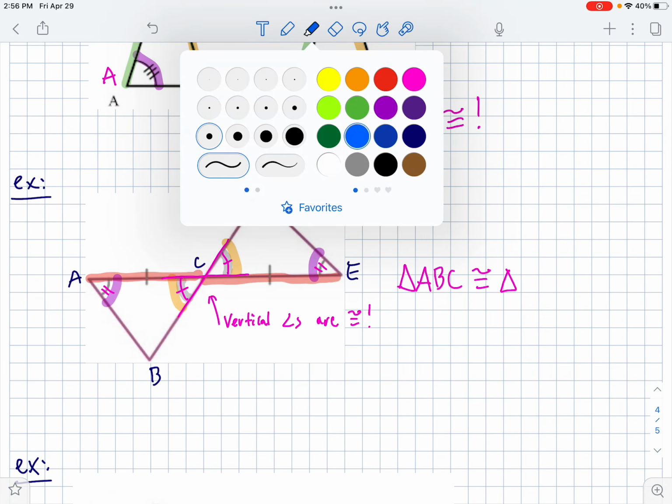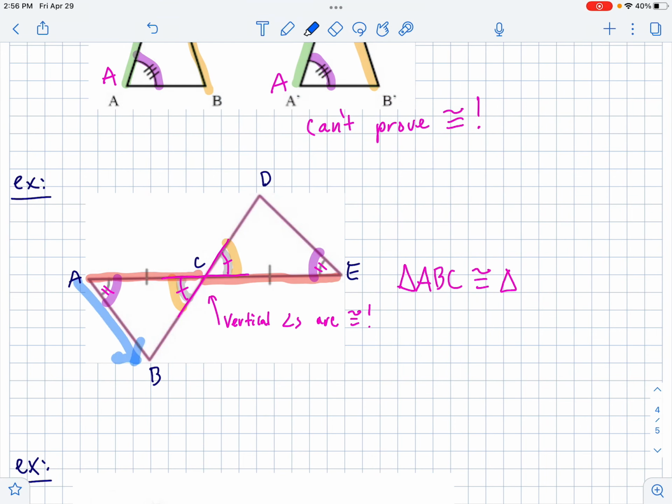Let's look at the order of that with a different color. A to B to C. Well, if I start with the double angle over here, then I go across the side this way and then come back on it this way. So that's EDC. And the reason is by angle, side, angle.